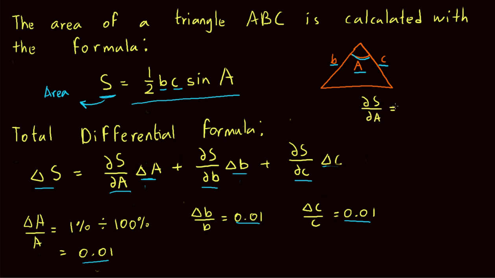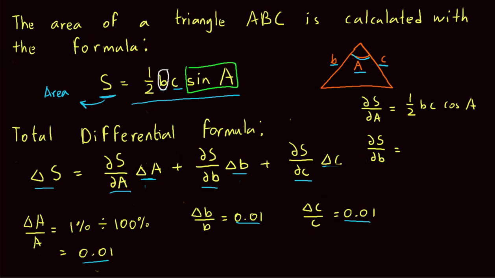So del S over del A is very simple because our only concern is the sine function. We're only interested in the sine function. Everything else is a constant. So therefore, it's just half BC cos A. And then for del S over del B, since we're only concerned with the B, I'm going to highlight this in white, by the way.